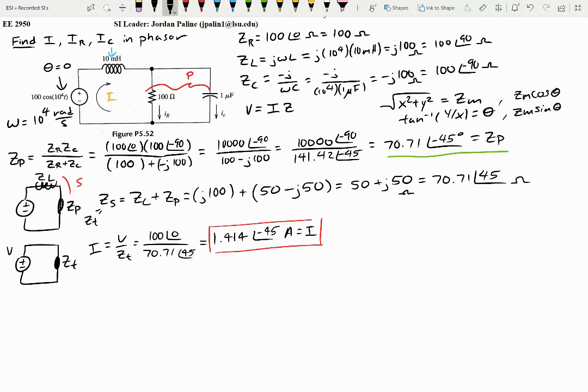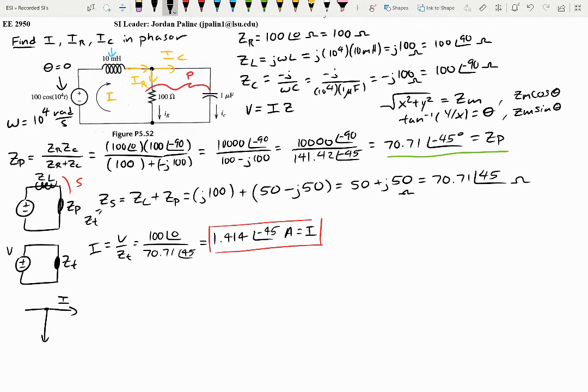Alright, that's great. So now we know this I. We know this I will be broken up into these two parts here, I of C and I of R. So let's do a current division on it. When we do our current division, we'll just look at it like such.